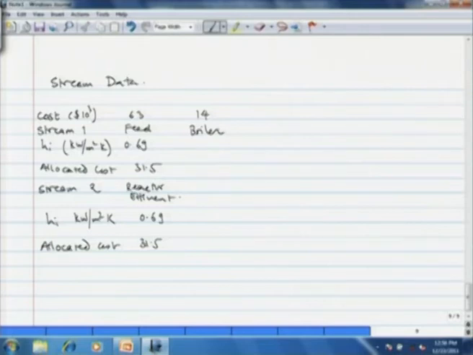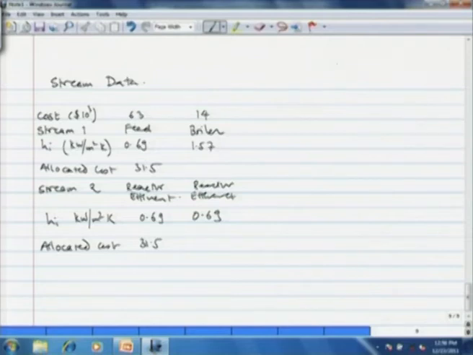Since it is a boiling liquid, it will have a high coefficient, let us say 1.57 kilowatt per meter square Kelvin, and stream 2 is again reactor effluent. Since it is in vapor phase, it has a relatively low film coefficient, 0.69. How can we allocate this?